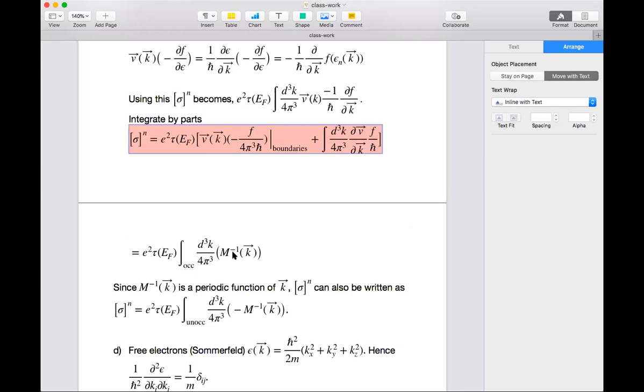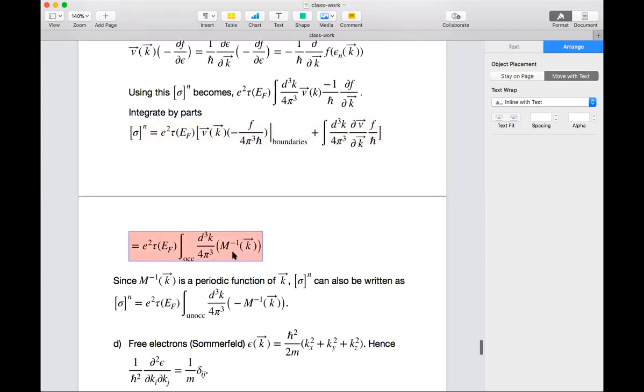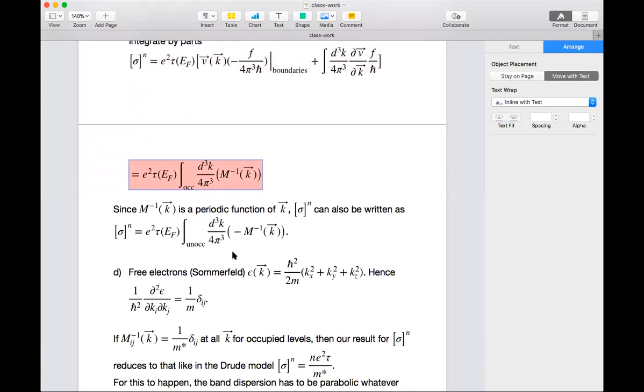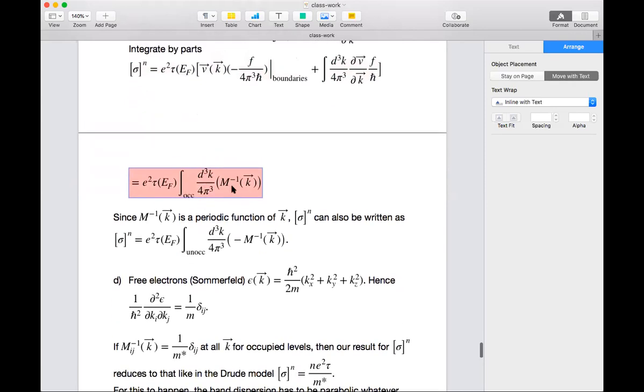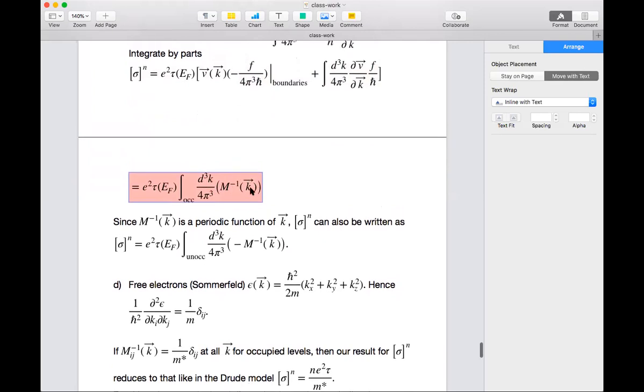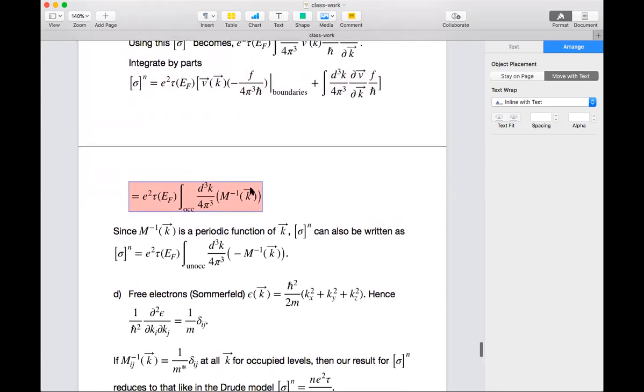But now in this line, deliberately, we are assuming that we are at 0 temperature or at very small temperatures. The reason is that I can now argue that because m inverse, which is the derivative of epsilon with respect to k, and epsilon is a periodic function, these derivatives are also periodic functions of k.